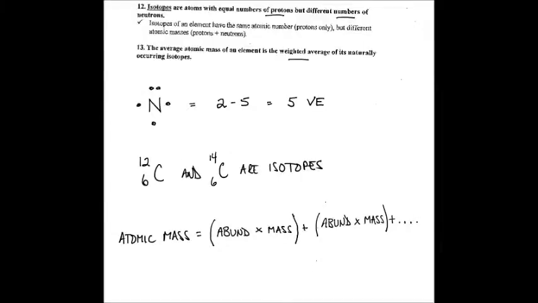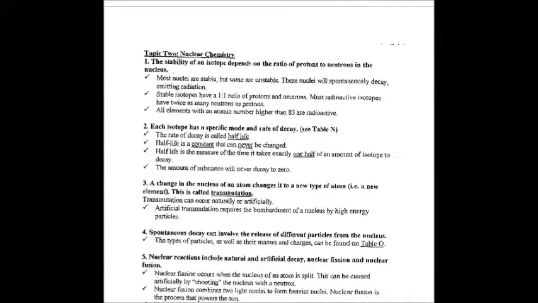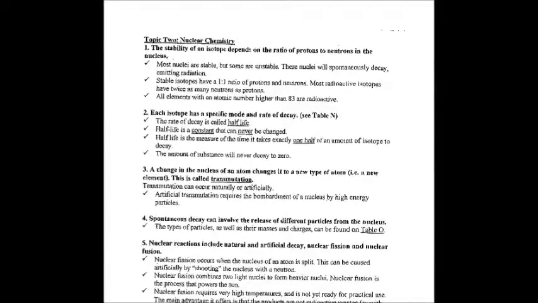Page 5. We're just going to do the second topic. Topic 2, nuclear chemistry. Remember, it's the ratio of protons to neutrons that determines stability. Table N is used to write equations and determine how the decay occurs and what its half-life is.